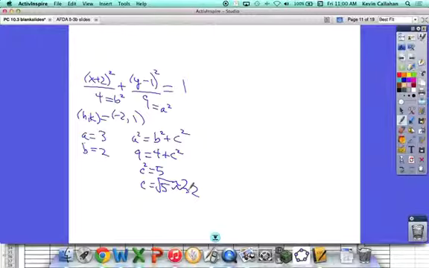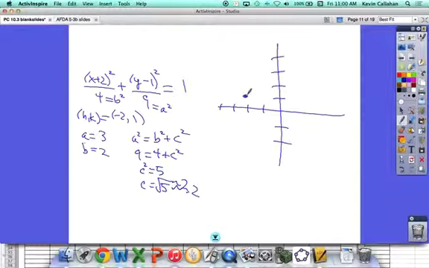Let's see, the center is at -2, 1, so that's quadrant 2, and it's a little bit above. So the center is at -2, 1. We're going to go up 3 and down 3.